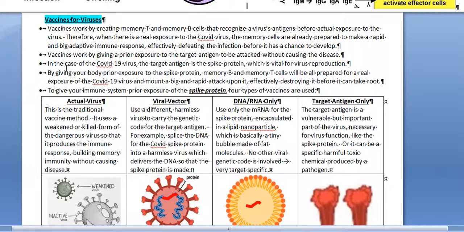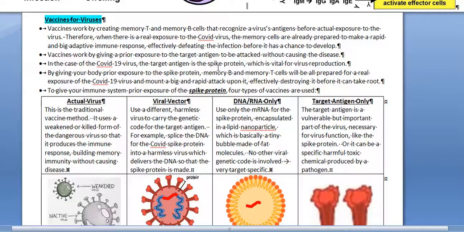Now, in the case of the COVID-19 virus, the target antigen is the spike protein, which is vital for virus production. Plus, it's vulnerable.